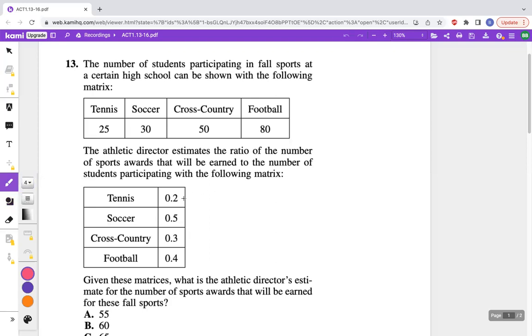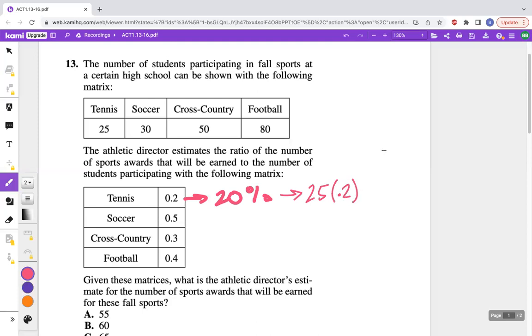So basically this is saying that 20% of the tennis players are going to get some sort of award. So soccer 50%, cross country 30%, and 40%. So all we have to do for each of these is multiply the number of players times the percent.